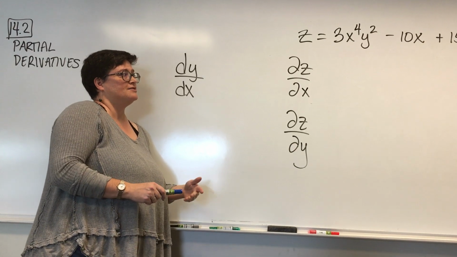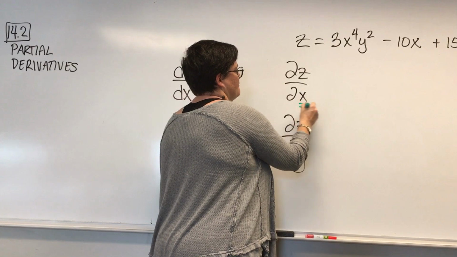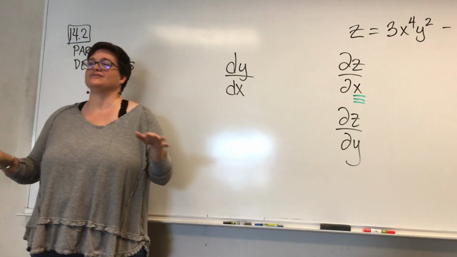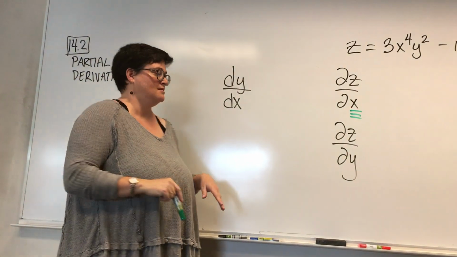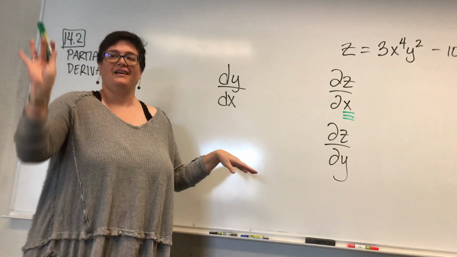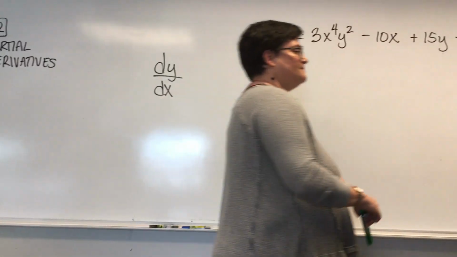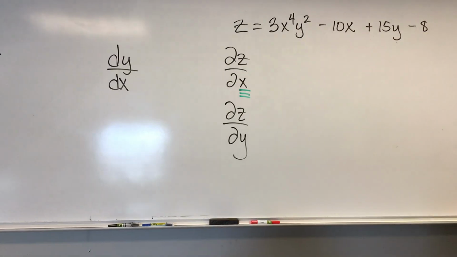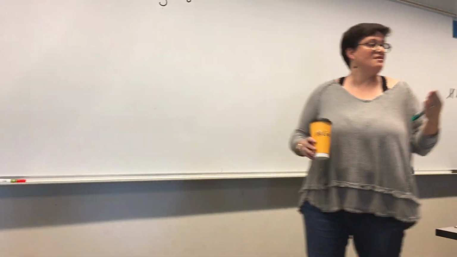So let me talk you guys through this to start with. X is gonna be the variable. And if x is our variable, we're gonna hold everything else constant. If x is our variable, what's constant? Everything else, not z. Z is our output, still variable. But everything else in the function itself is constant.